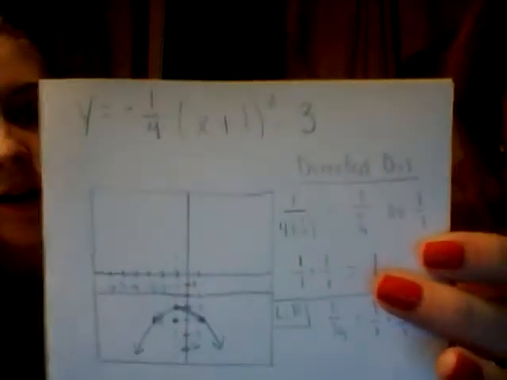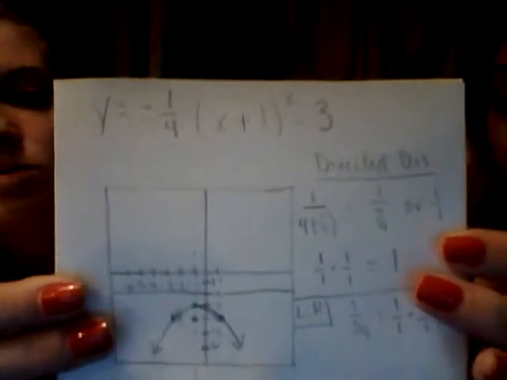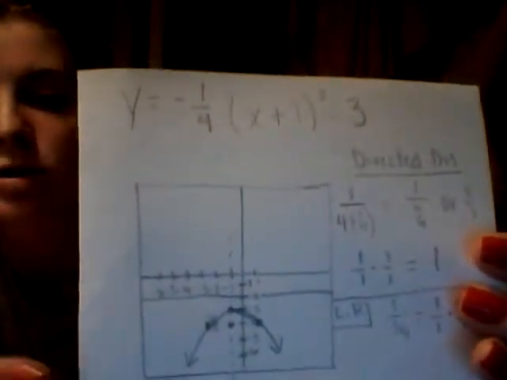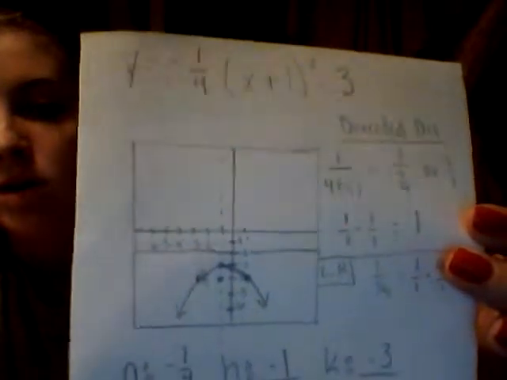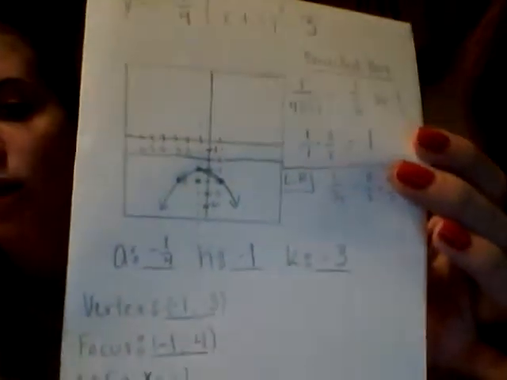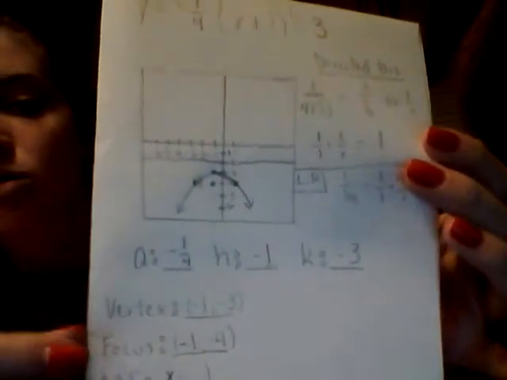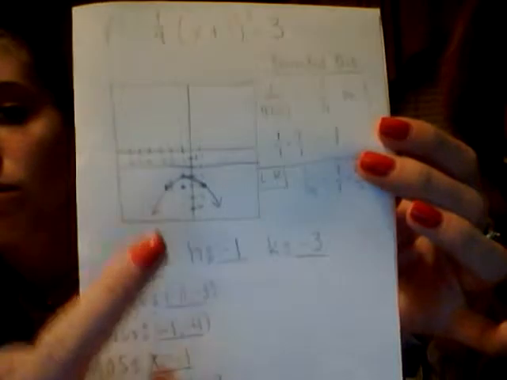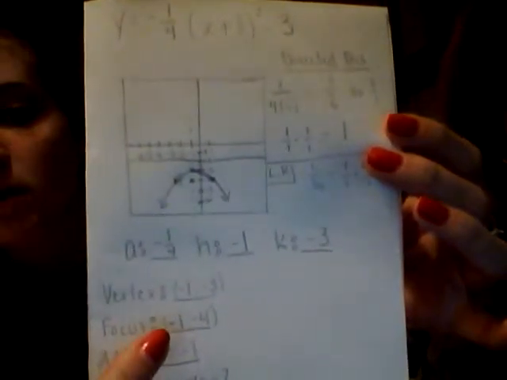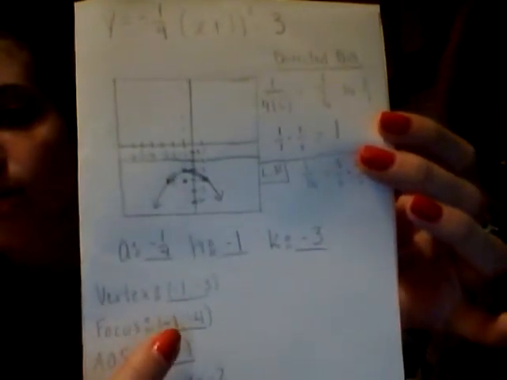Since our a was negative 1/4, you're going to do 1 equals... you multiply the 4, which gives you 4 over 4, which is the same thing as 1 over 1. So 1 times 1 over 1 is just 1. That means you're going to go up 1 and down 1 to get your directrix and your focus. If we go down 1, our focus is going to be at (-1, -4).